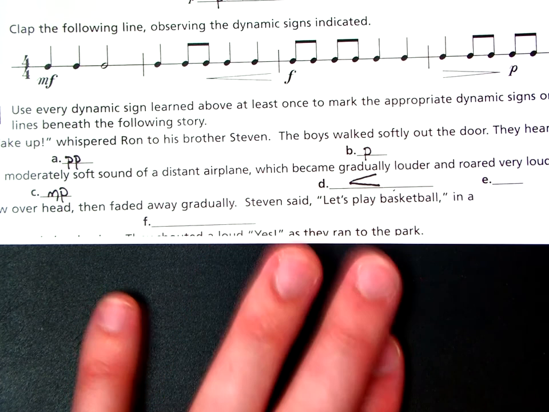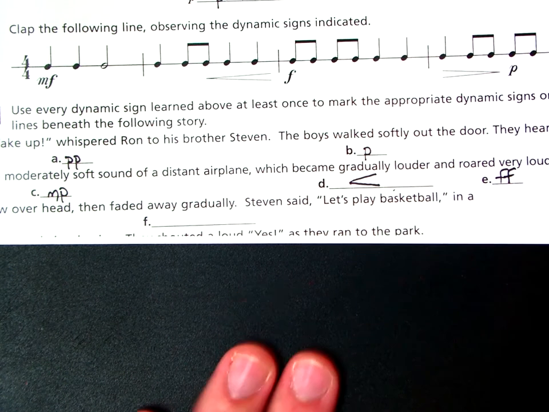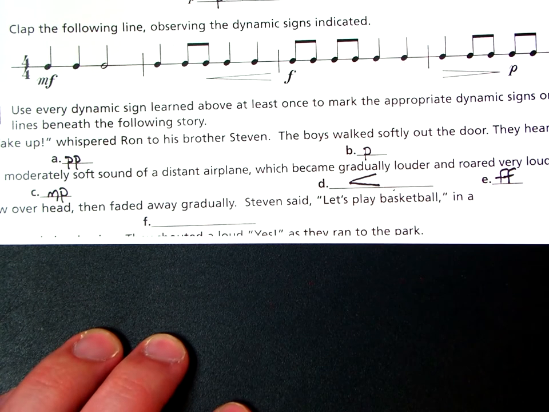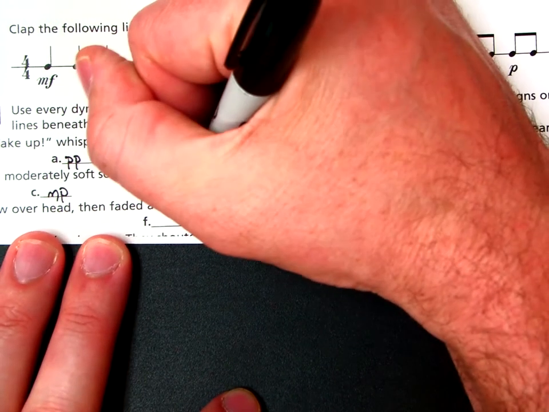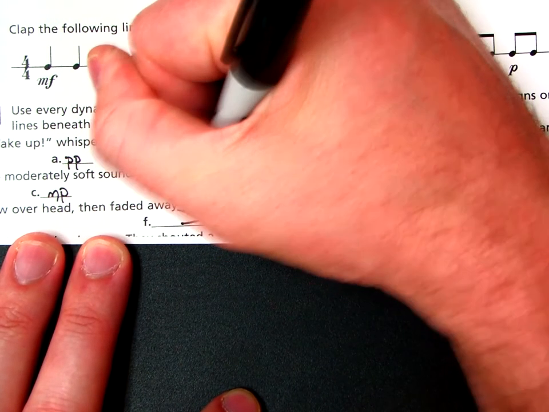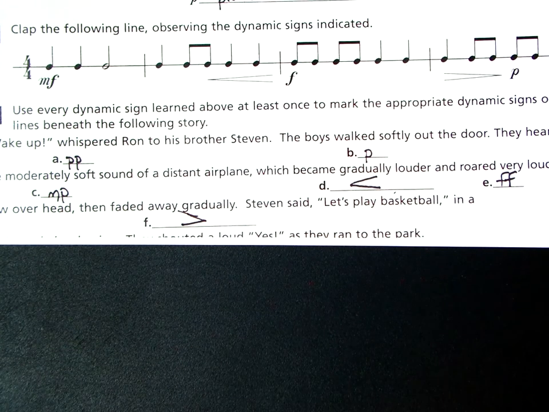And roared very loudly, right? Very loudly is a double F, fortissimo, right? As it flew overhead, then faded away gradually. So gradually here, right? Faded away, got softer. And I guess we cut off the bottom, but it's probably going to be a forte down there in case you have a sheet that actually has this on it.